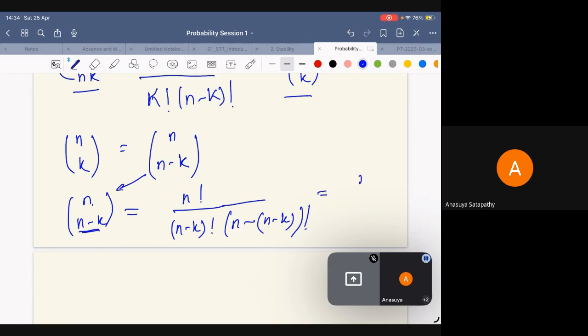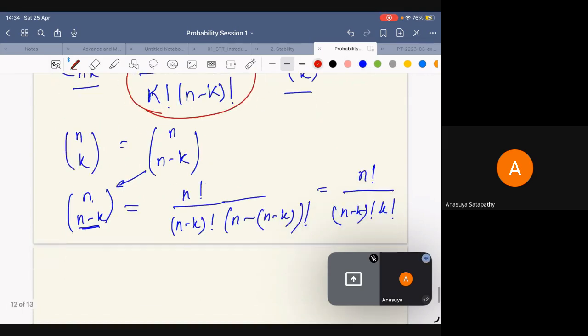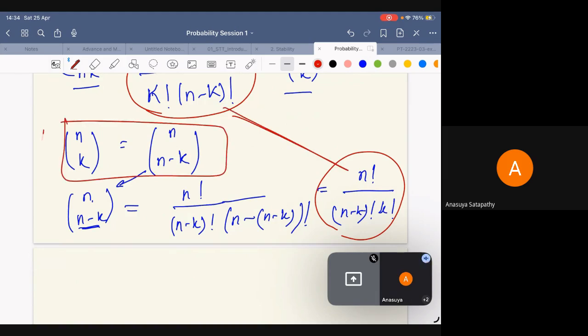So this one will be n factorial divided by (n minus k) factorial by k factorial. So this and this you got the same. This part is equal to this part. So it is proved.